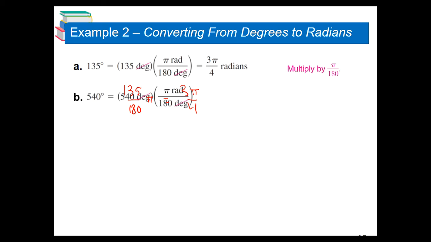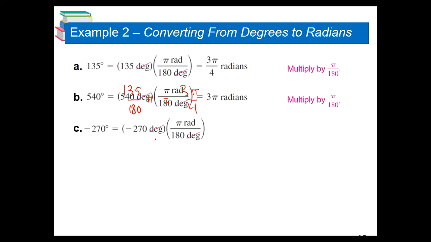All right. 540 degrees is basically 540 over 180, and we're left with a pi. What is that going to equal? It is 3 pi radians. So 540 degrees is equal to 3 pi radians. Negative 270 degrees.